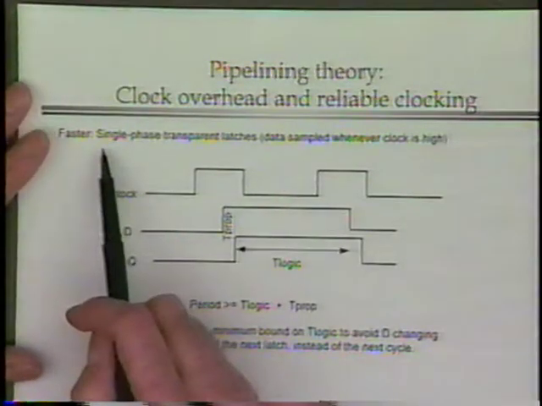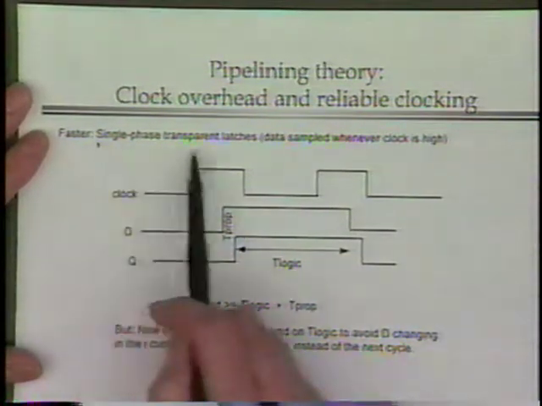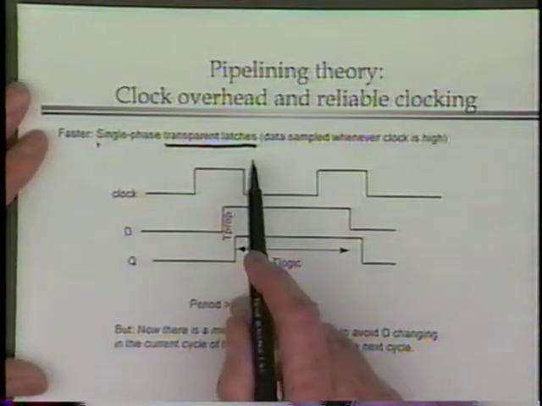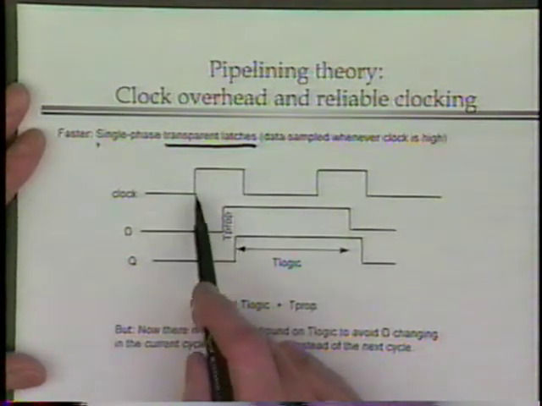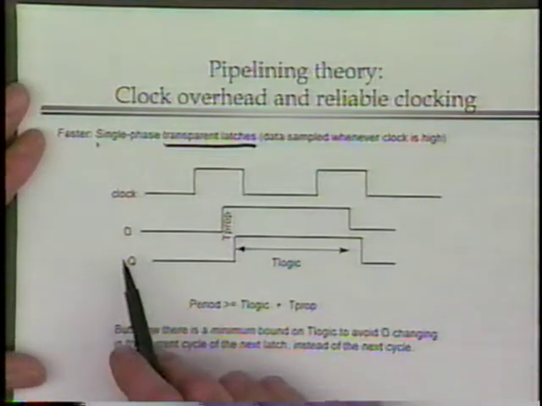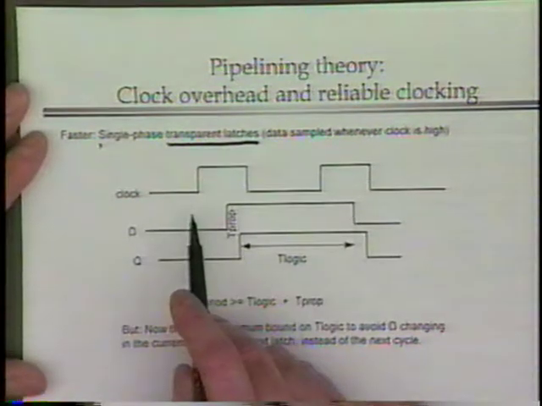And one way, which is in fact much more popular than those edge-triggered flip-flops, is to use a faster kind of flip-flop called a transparent latch. The property of a transparent latch is that the data isn't sampled only when the clock edge rises, but in fact the data is sampled all during the time that the clock edge is high.